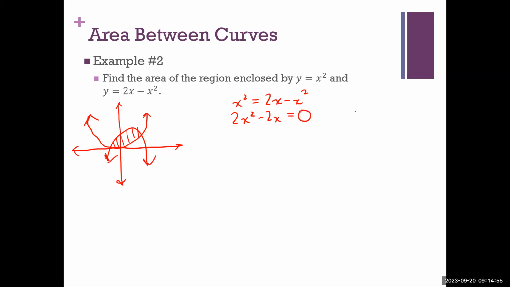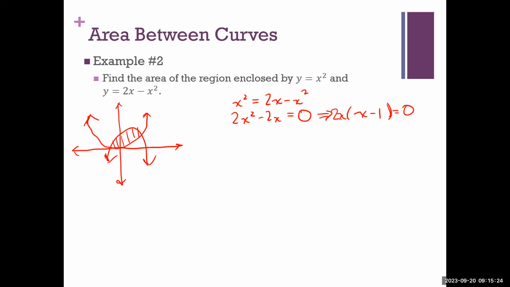Let's dust off the algebra. Where do I go from there? Factor out the x, and I get 2x minus 2. Now what? Yeah, let's factor out the 2. So I've got 2x times x minus 1 equals 0.